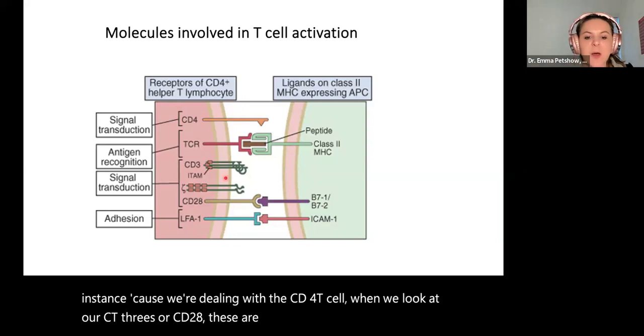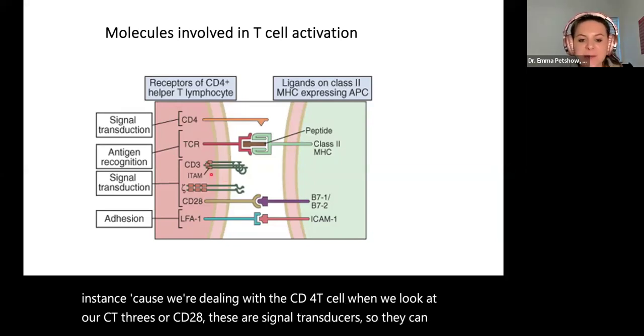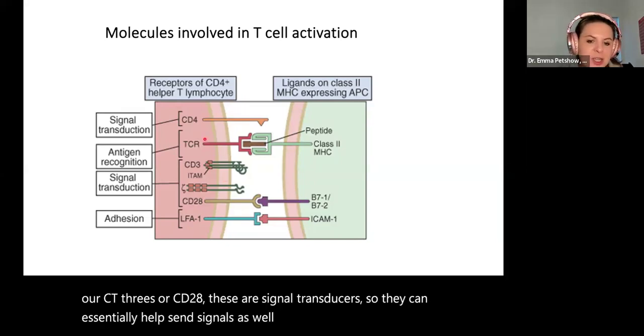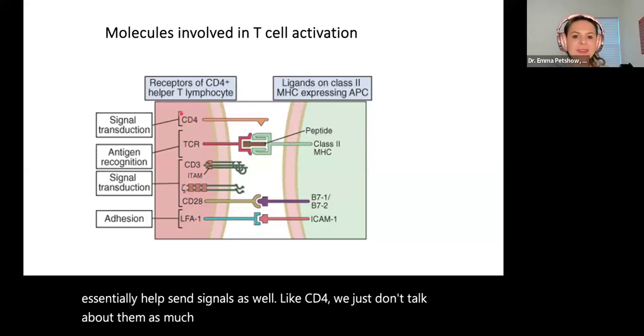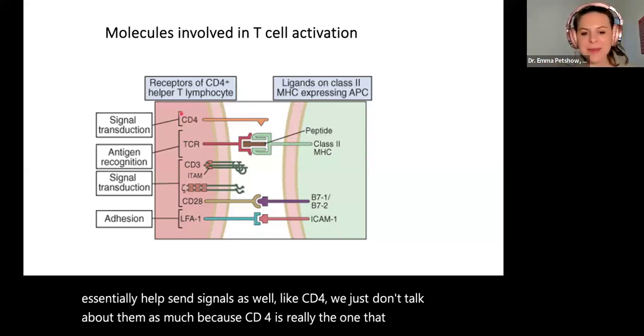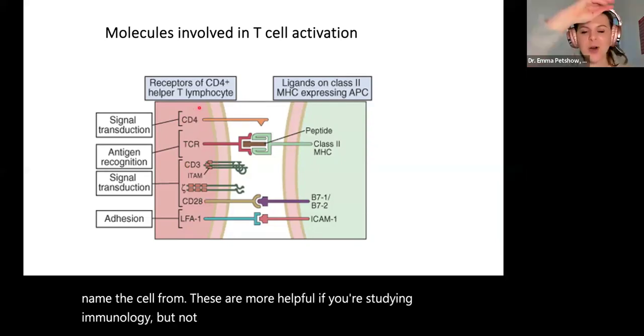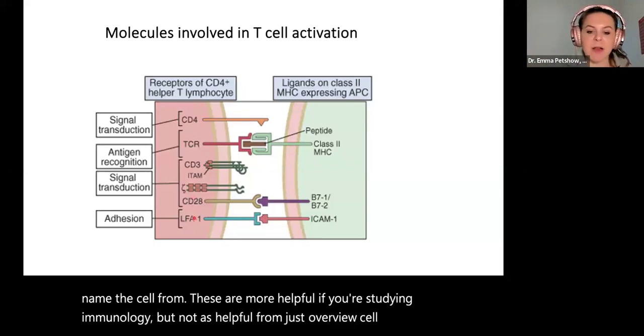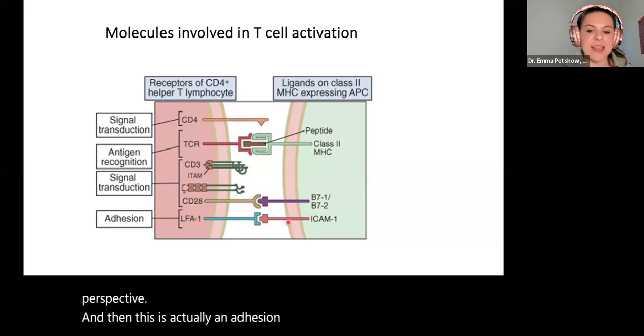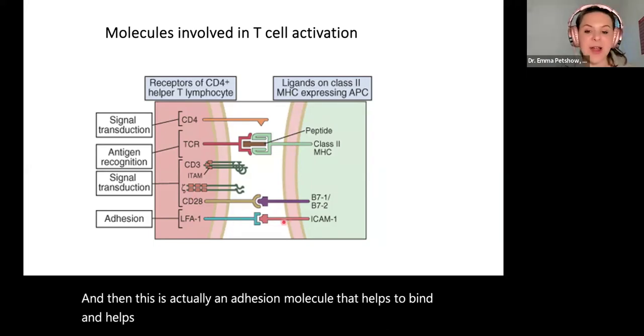So they can essentially help send signals as well, like CD4. We just don't talk about them as much because CD4 is really the one that we get to name the cell from. These are more helpful if you're studying immunology, but not as helpful from just an overview cell perspective. And then this is actually an adhesion molecule that helps the cell stay stable when it's interacting with its antigen presenting cell.